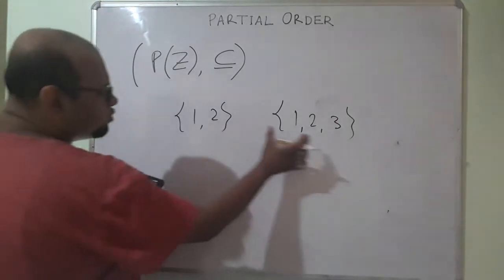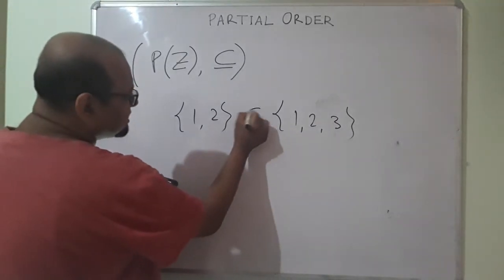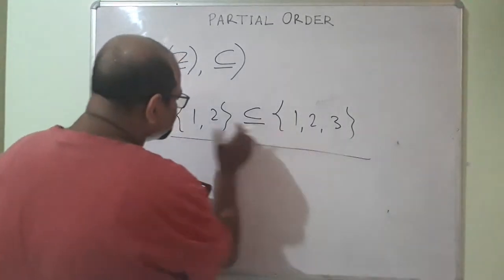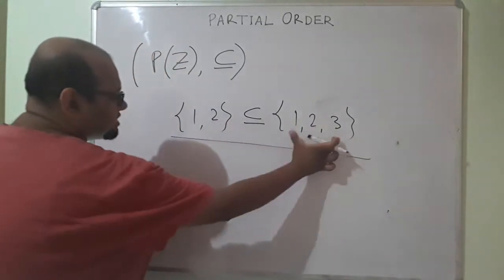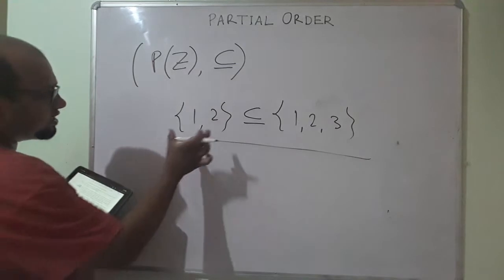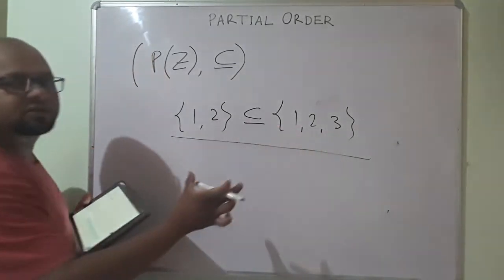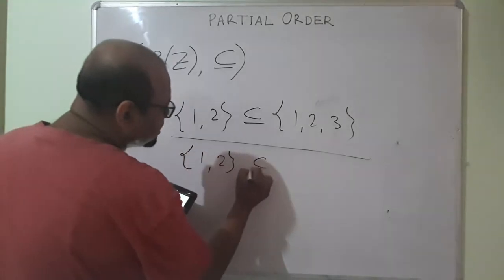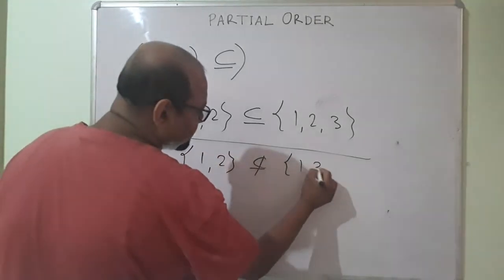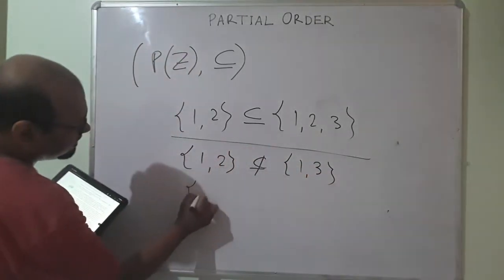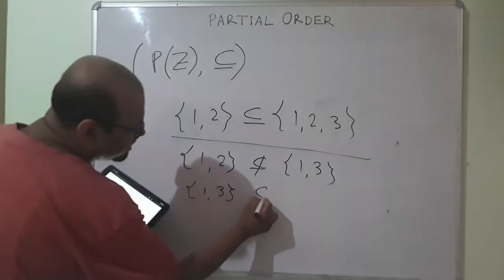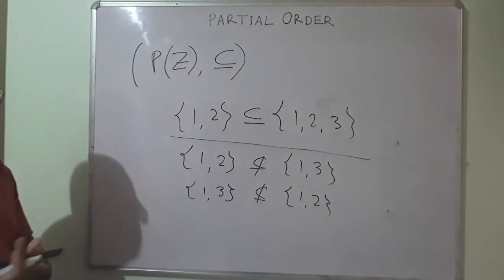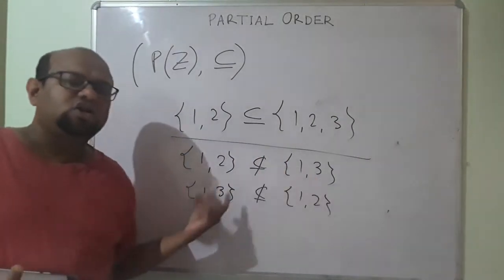So {1, 2} is a subset of {1, 2, 3}. So these two sets, which are elements of the power set, are comparable. On the other hand, {1, 2} is not a subset of {1, 3}. Similarly, {1, 3} is not a subset of {1, 2}. So these two are not related.